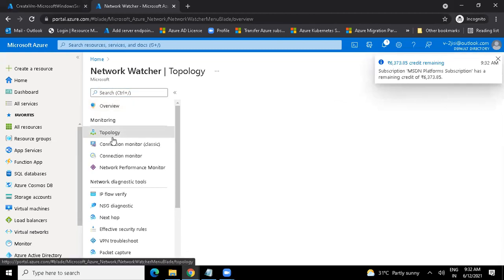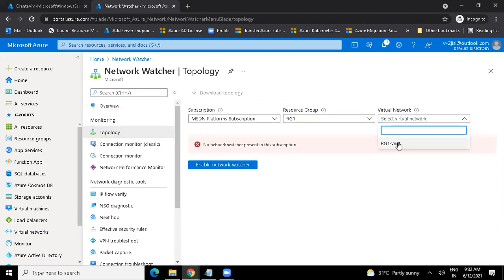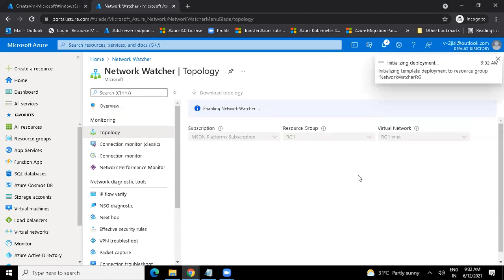For example, if I click on topology, and let's say I would like to see the topology for resource group number one, RG1 or the RG1 VNet. In this RG1 VNet, we have only got one machine as of now, and that machine will have one subnet, one public IP, and one private IP.